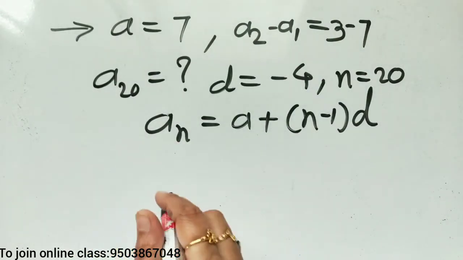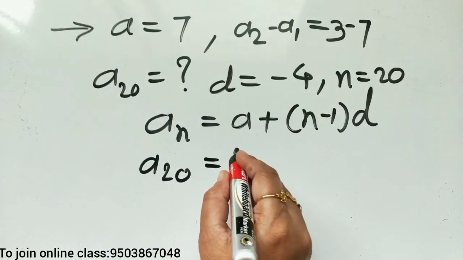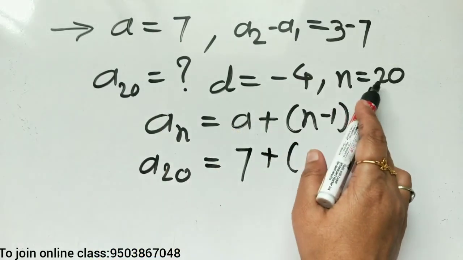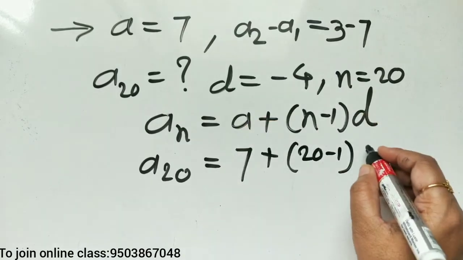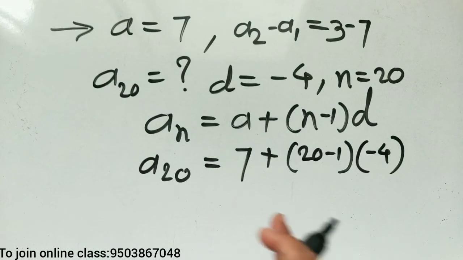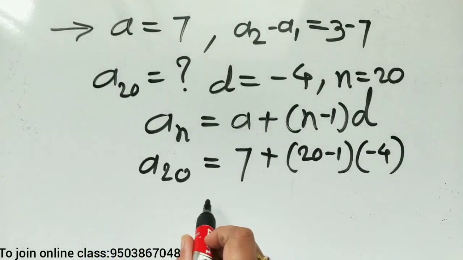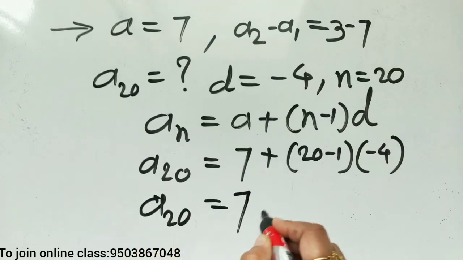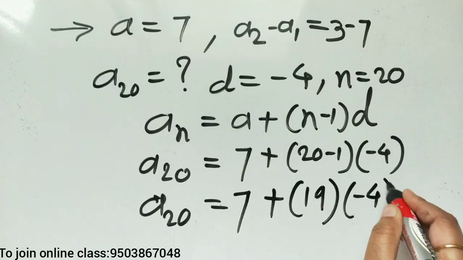So here I am going to write A20 is equal to A's value, which is 7, plus (n minus 1), where n is 20, so 20 minus 1, times the common difference, which is minus 4. Now let's solve these calculations further. 7 as it is; 20 minus 1 is 19, and this is minus 4.